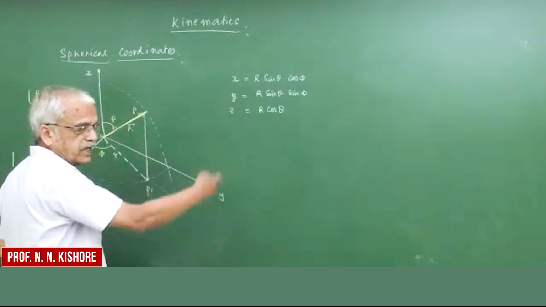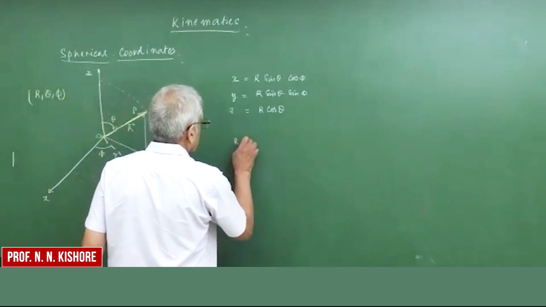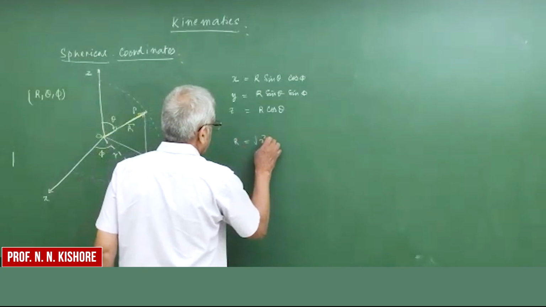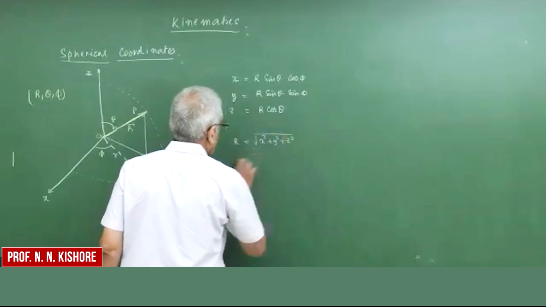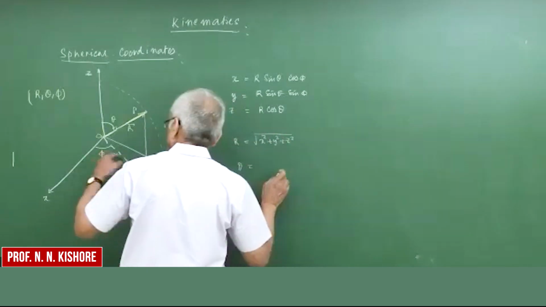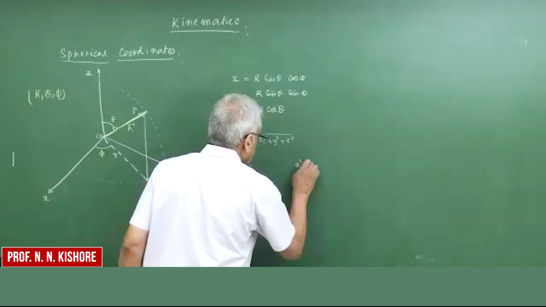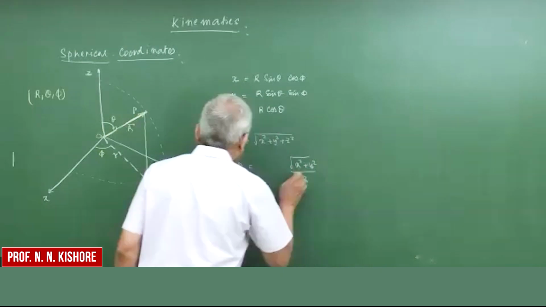Okay, and then the reverse also you can put. For example, r is nothing but the square root of x square plus y square plus z square. Last time I think I did this.